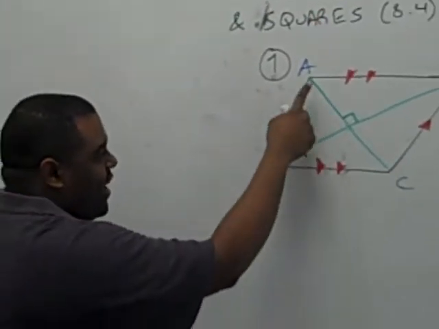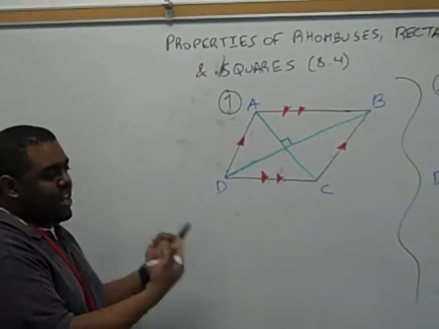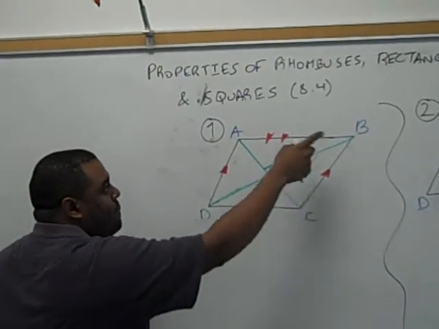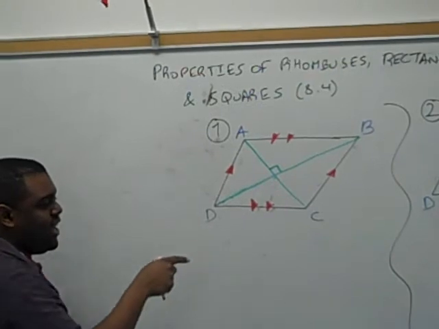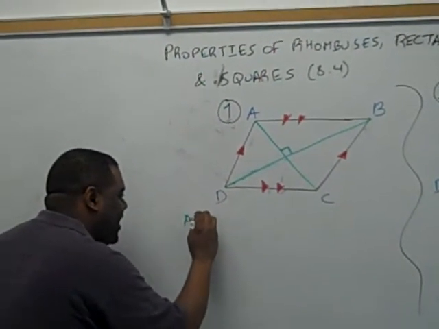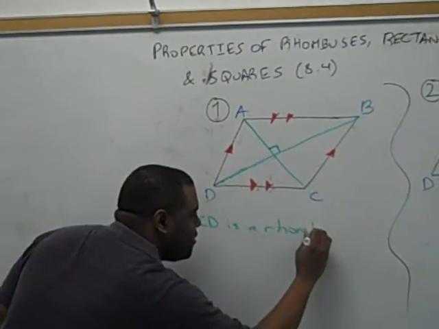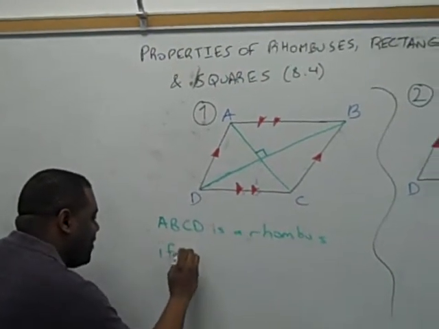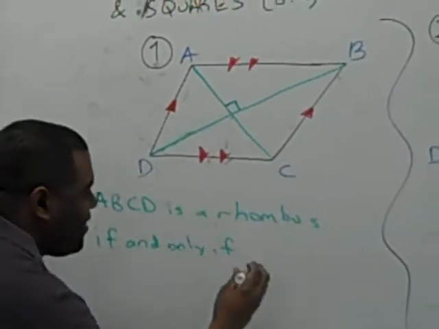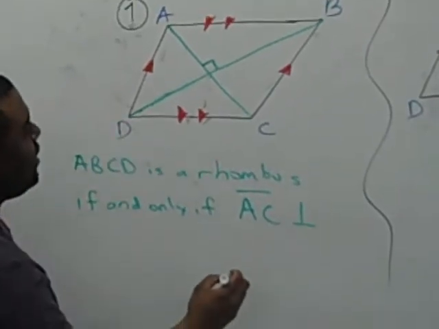If these diagonals meet perpendicularly, they meet at a 90-degree angle, then we can prove that the shape ABCD is a rhombus. So ABCD is a rhombus if and only if AC, line segment, is perpendicular to line segment BD.